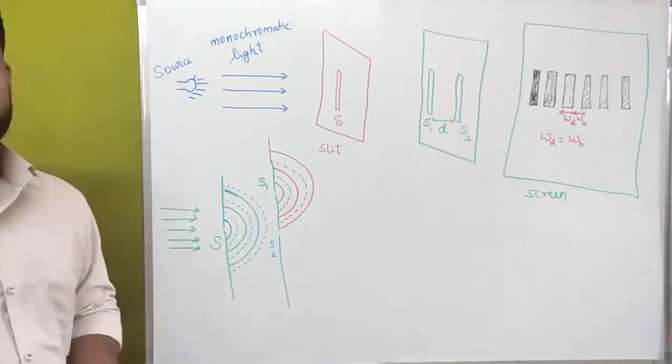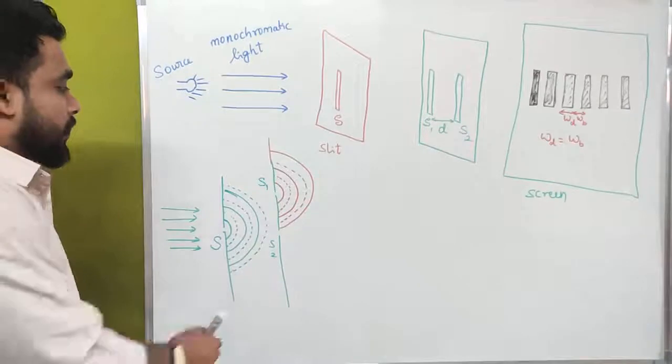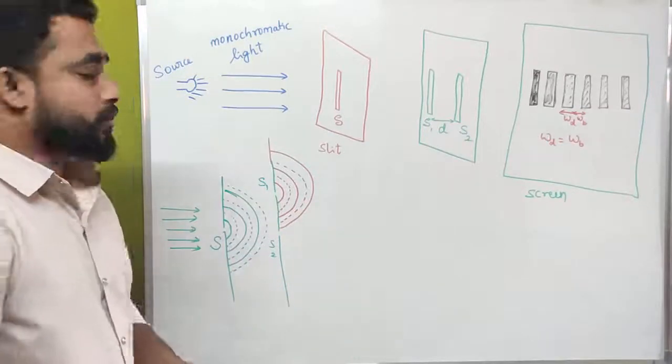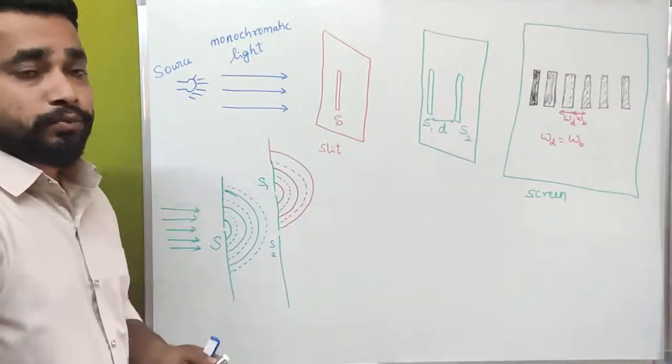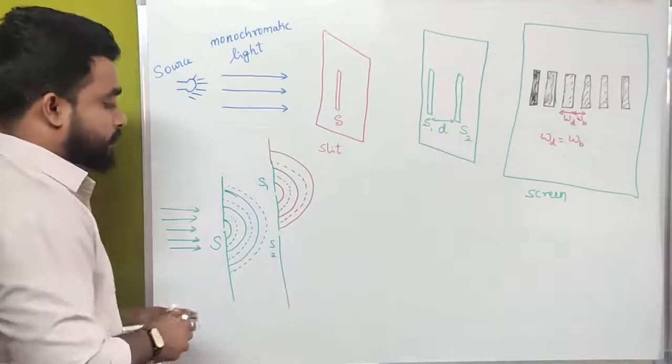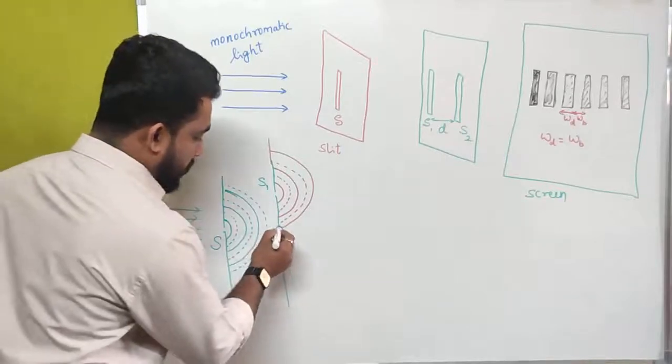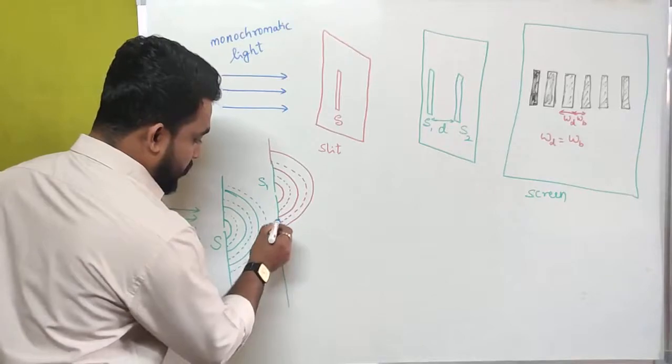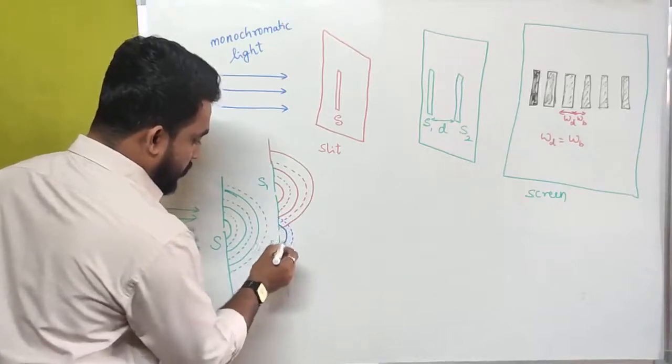This is how we are getting our monochromatic light coming out of slits S1 and S2, and slit S2 will also be like this. Okay, this is S1, this is S2.